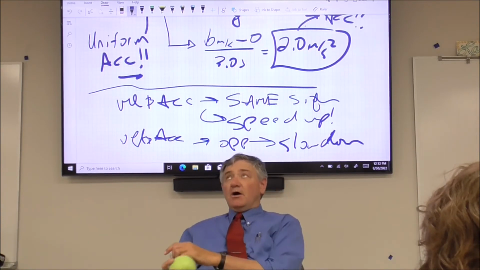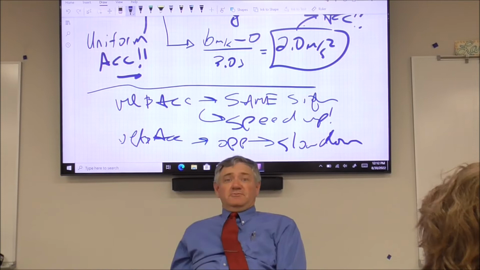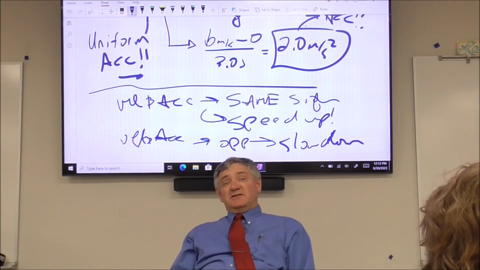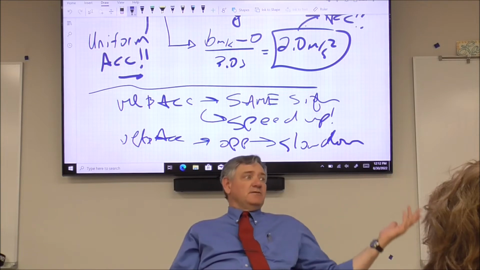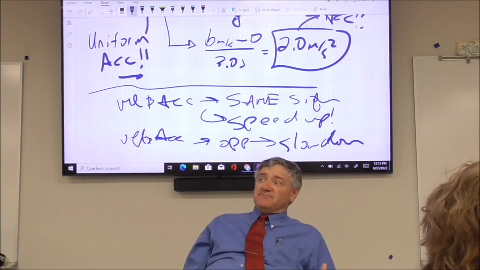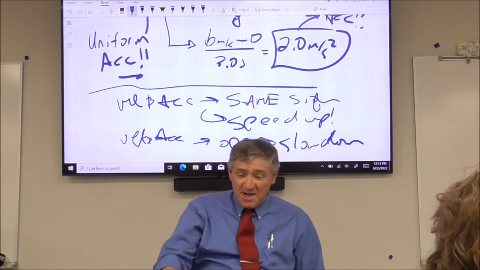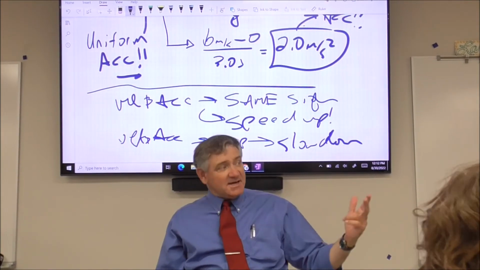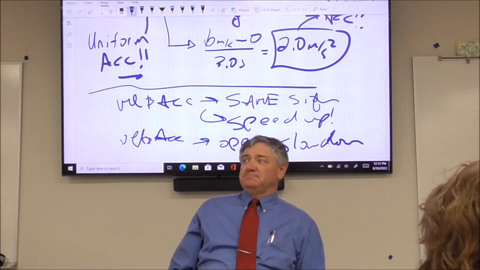Negative. Now, on the way down, Jack, what does it do? Speeds up. Now what do you know about velocity and acceleration? Same sign. So literally, that's it. No matter how complex the acceleration problem becomes, again, I have a two-trick pony.